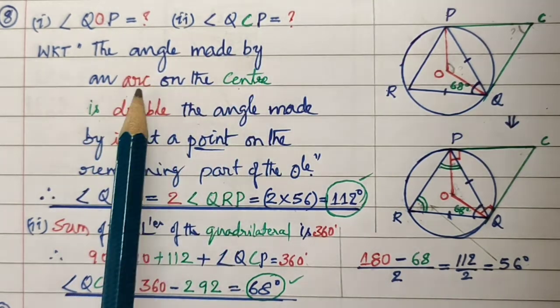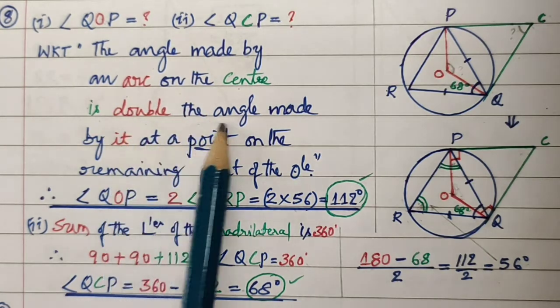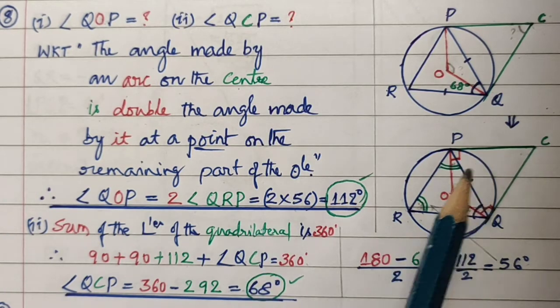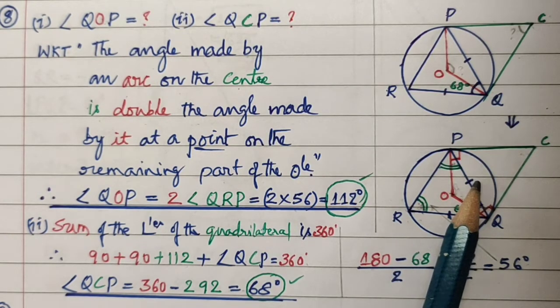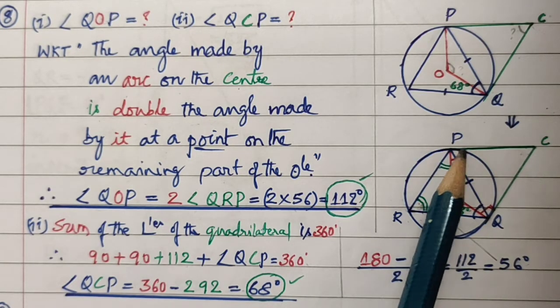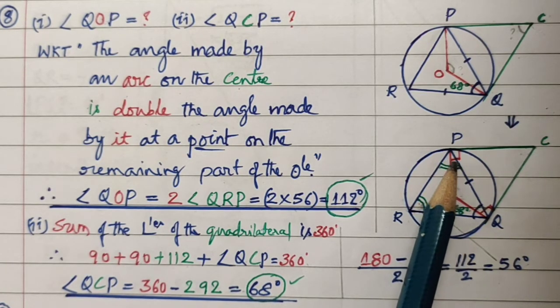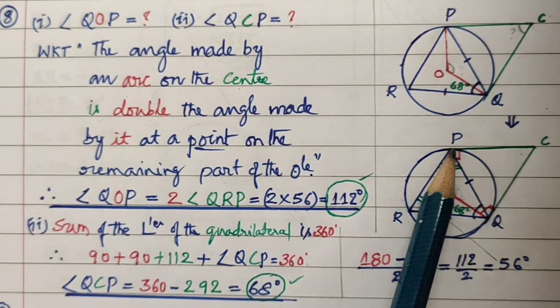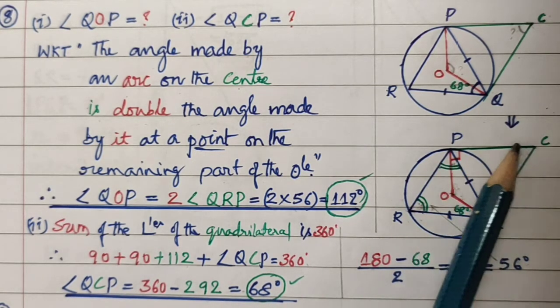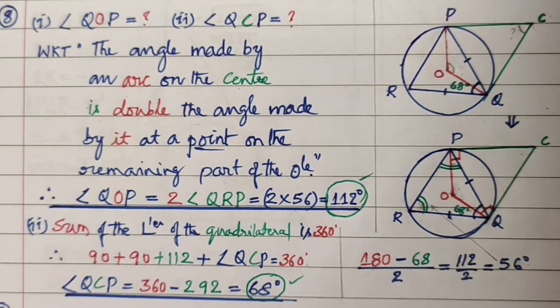The angle made by an arc at the center is double the angle made by it at a point on the remaining part of the circle. Angles opposite to the equal sides of an isosceles triangle are equal. The tangent and the radius drawn to the point of contact are perpendicular. And the sum of the angles of a quadrilateral is equal to 360 degrees.